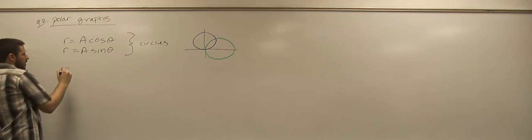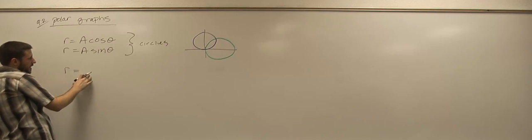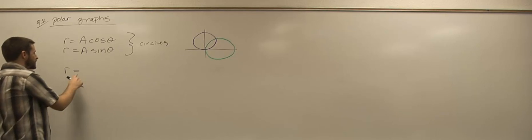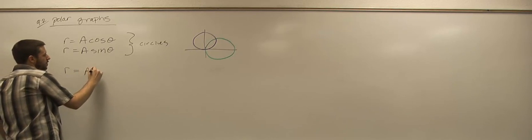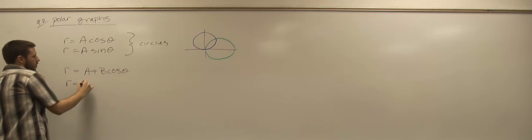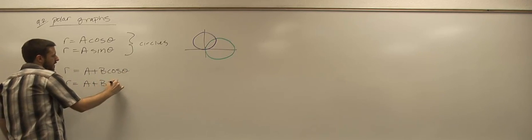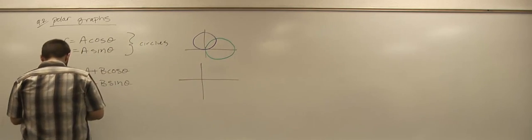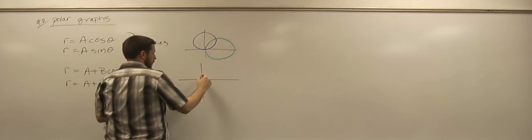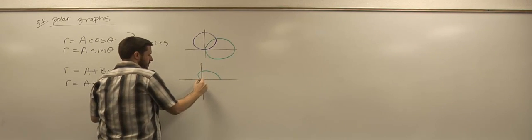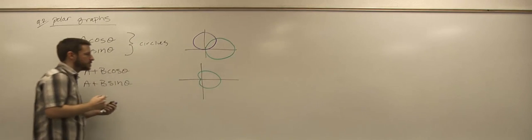The next shape, which are either cardioids or limacons, look like a plus b cos theta, or a plus b sin theta. Depending on what a and b are, they end up looking like this.